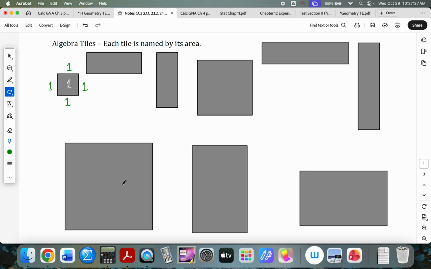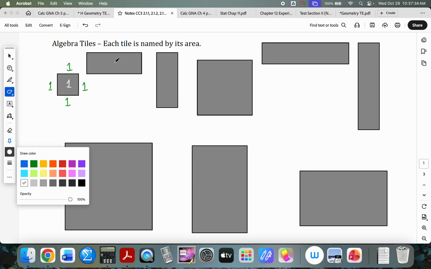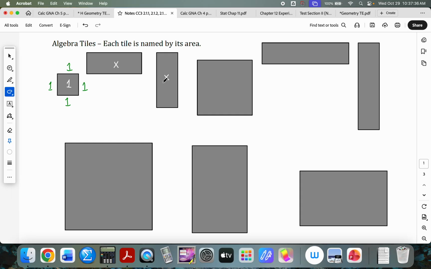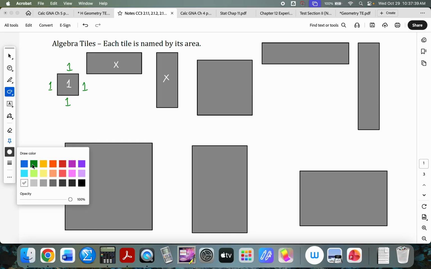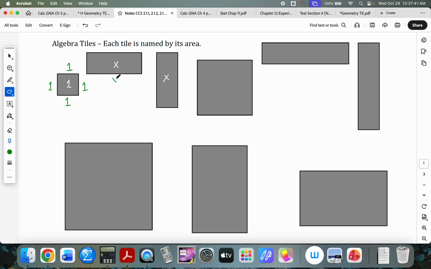So the area is 1. Okay? These smaller rectangles are x. The dimensions on those, in every case, is x by 1. So this length is unknown to us. It's not 3, it's not 4, it's no particular length.